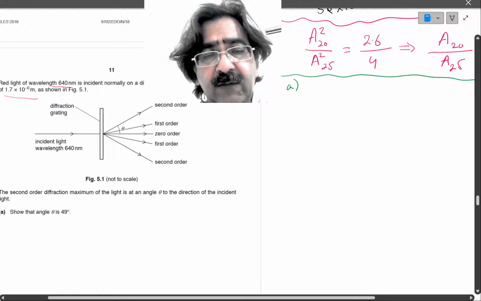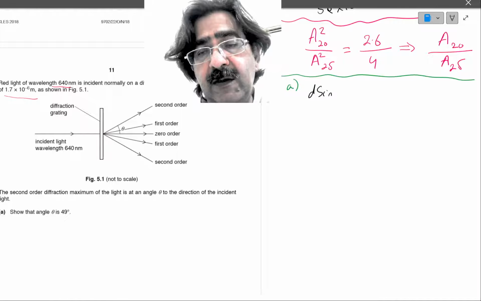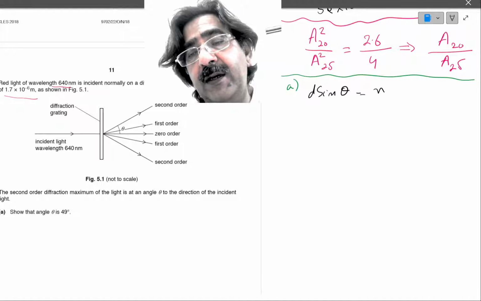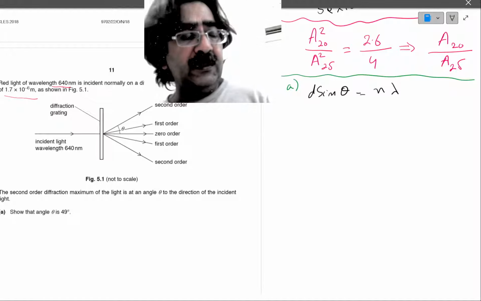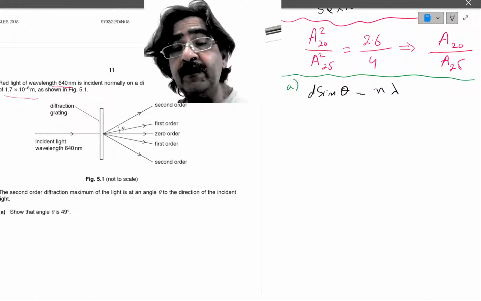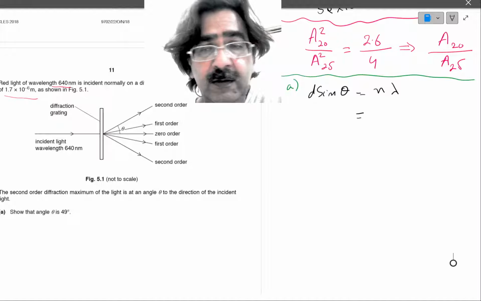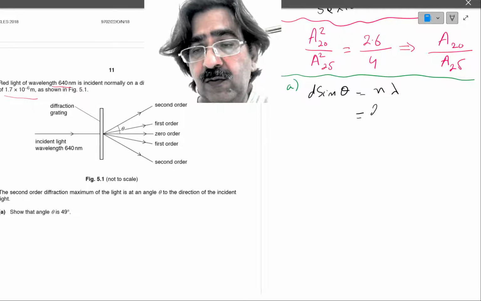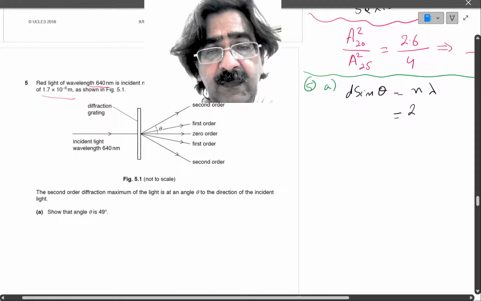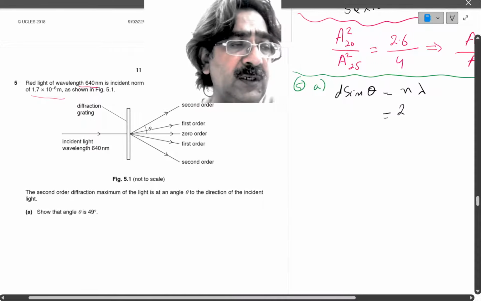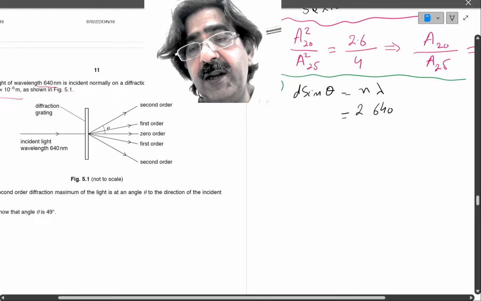As we know, the formula for a diffraction grating is d sine theta is equal to n lambda, and n is 2, as the order is given as 2. The wavelength is 640 nanometer.